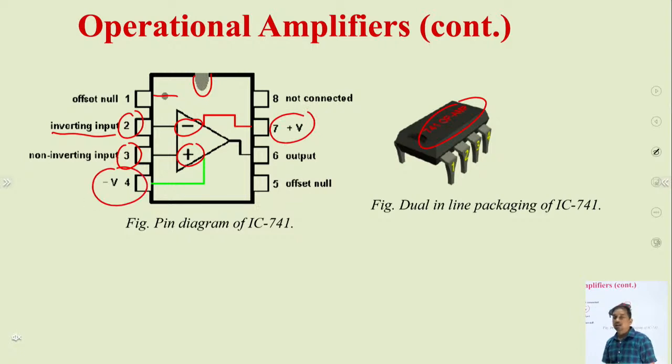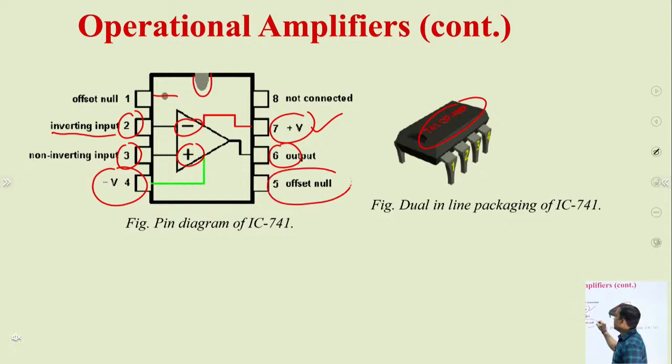Pin number 4 is connected to -V, whereas pin number 7 is connected to +V. The advantage is that we have a higher voltage swing when using the dual power supply. Pin number 6 is the output.